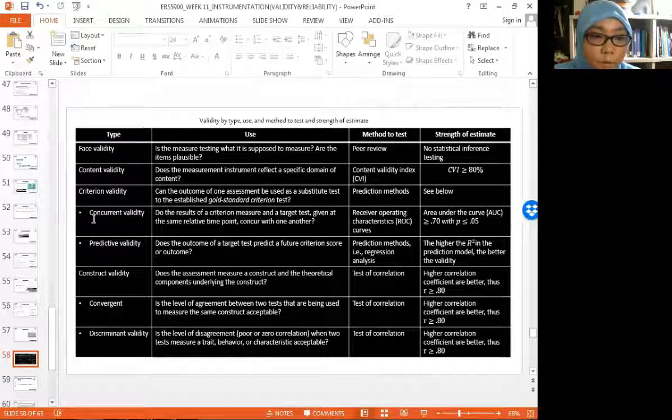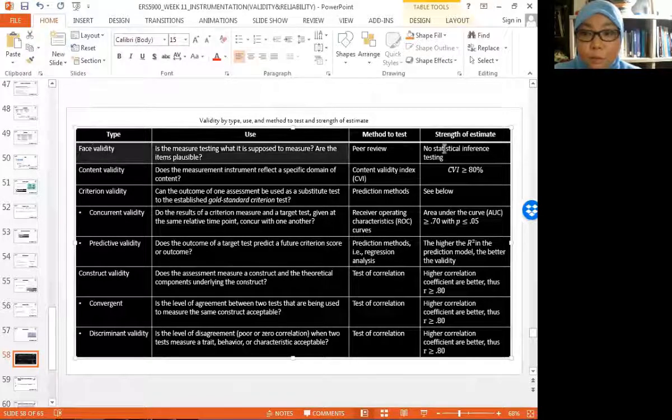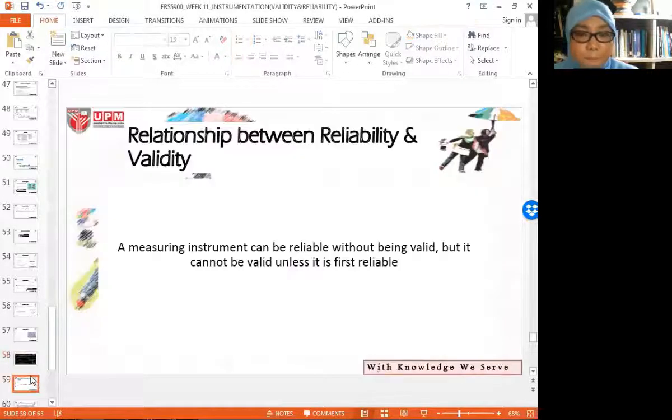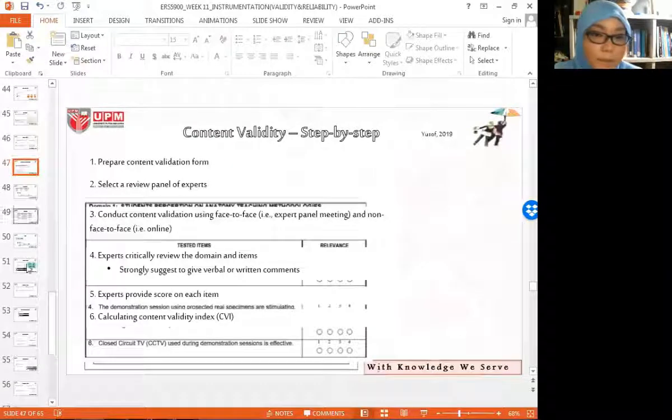So we are done with validity. To conclude: face validity, content validity, and criterion validity, which has two types, concurrent validity and predictive validity. For construct validity, there are two types as well, convergent and divergent or discriminant validity. Next one is reliability.